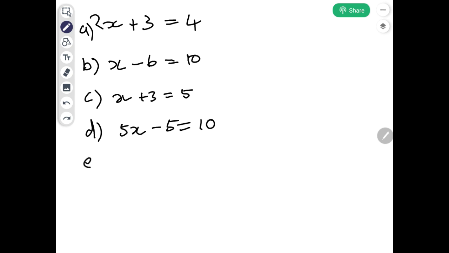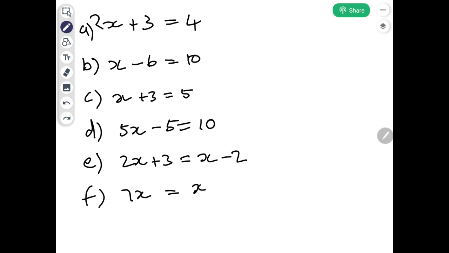And then E will be 2x plus 3 is equal to x minus 2. And then F will be 7x is equal to x minus 3. So yeah, I think these questions will be enough for now.